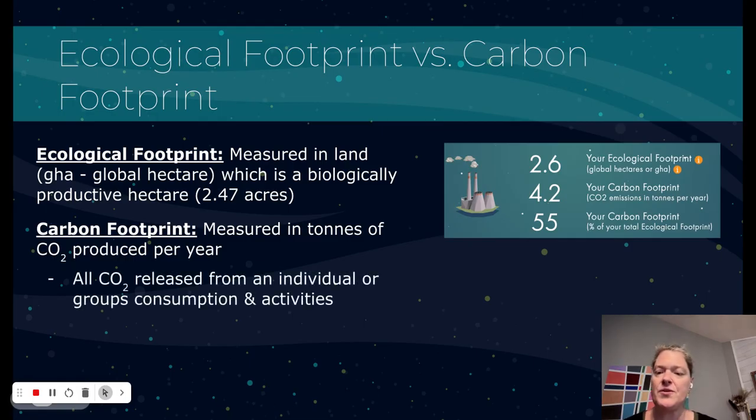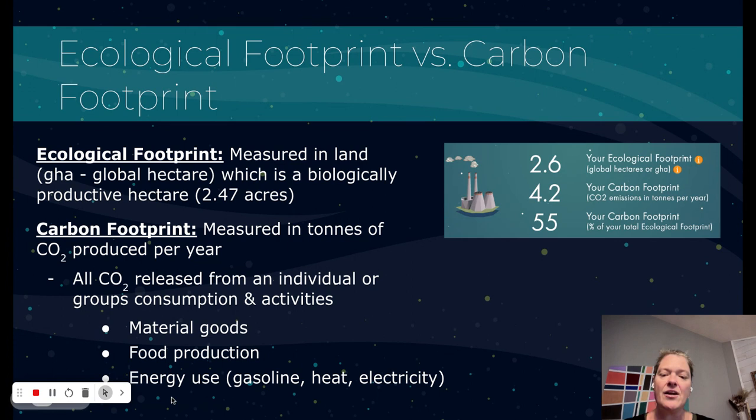So, all the CO2 that goes into this carbon footprint is all the CO2 that's released from your consumption, like how much are you consuming, and then how much CO2 does it take to produce that consumption level, and then what activities are you participating in that increase the amount of CO2 that you use. So everything that goes into a carbon footprint would include the material goods, food production, and then energy use.